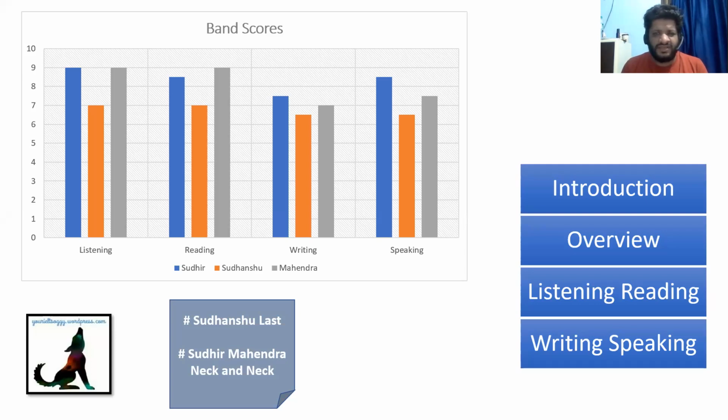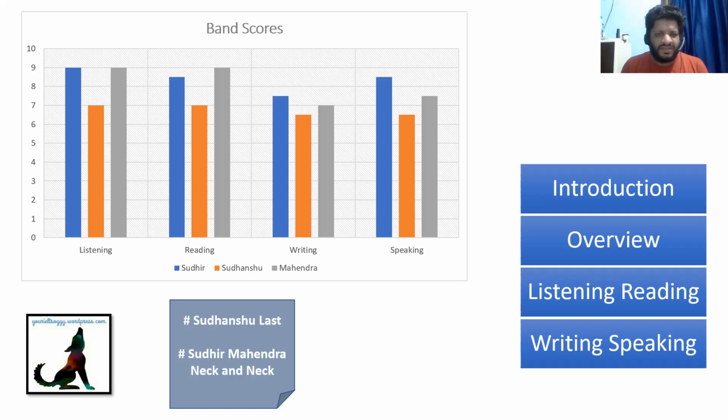And the one that strikes is the fact that the yellow bars are at the lowest height among the three. So you can write that Sudhanshu was last in each of the modules. Was or is, whatever the case is in the question, because I have not put any scenario here.